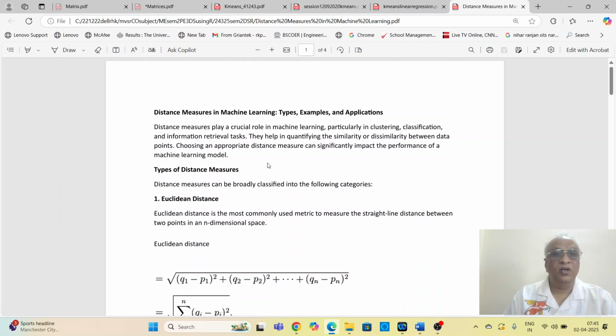Distance measures quantify the similarity or dissimilarity between data points. Choosing an appropriate distance measure can significantly impact the performance of a machine learning model.